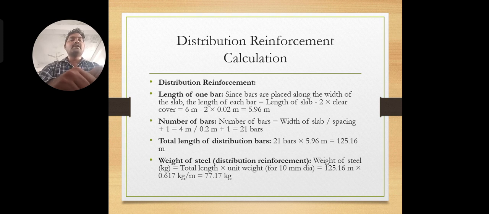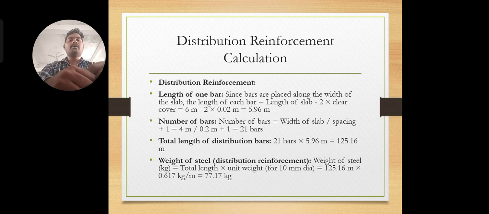And similarly we also calculate the number of bars, that is equal to the width of the slab divided by spacing, whole plus 1. The width as per the problem statement is 4 meters, divided by the spacing. For the distribution bar, the spacing is given as 200 mm, so we need to convert it into meters, whole plus 1, that is equal to 21 bars from that calculation.